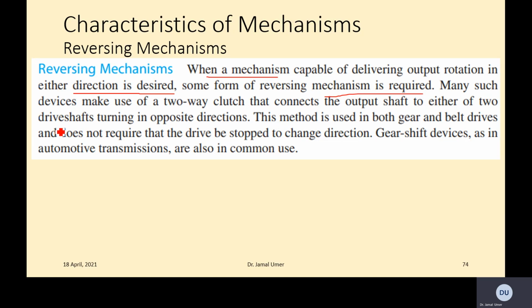Many such devices make use of a two-way clutch that connects the output shaft to either of two drive shafts turning in opposite directions. This method is used in both gears and belt drives and does not require that the drive be stopped to change the direction. So there are many different possible variations, and in this combination it is also not necessary to stop it to do the reverse function.